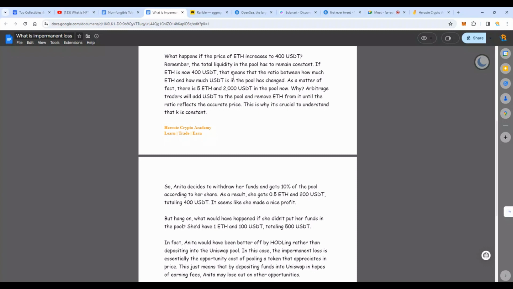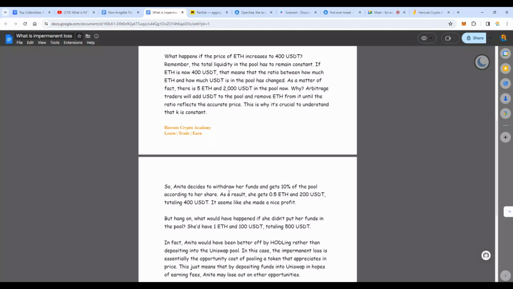So 0.5 Ethereum and 200 USDT makes it $400, which is 10% of the total liquidity pool amount of $4,000. Are we together up to that point?